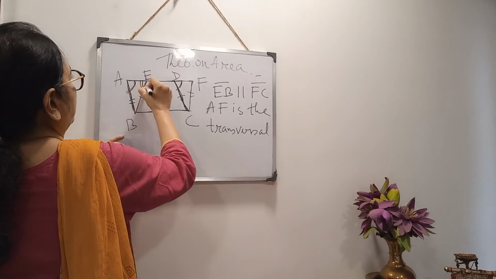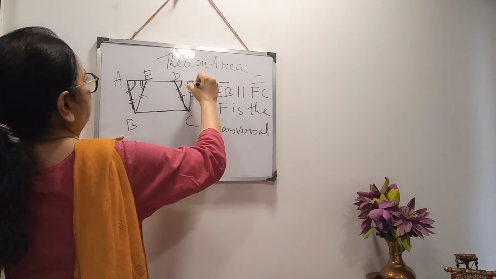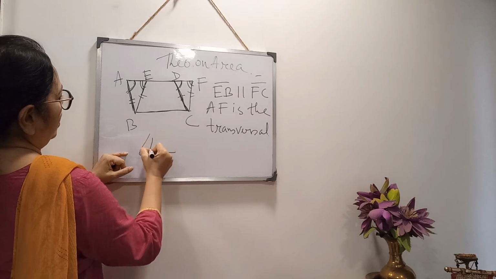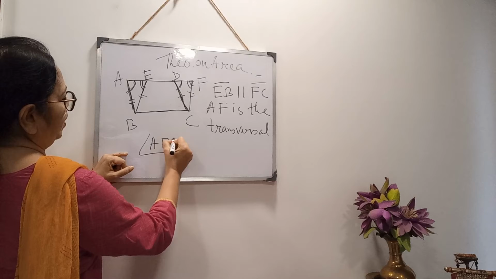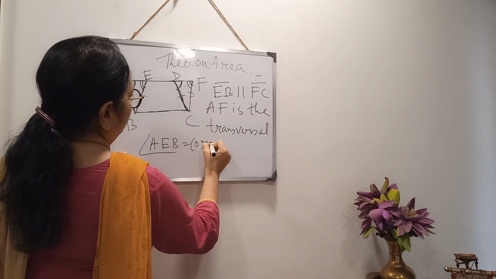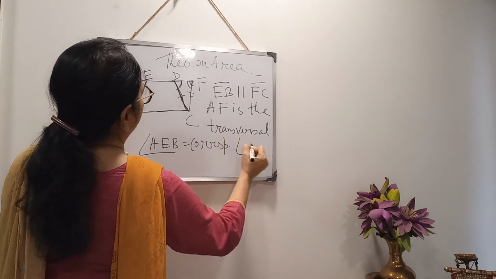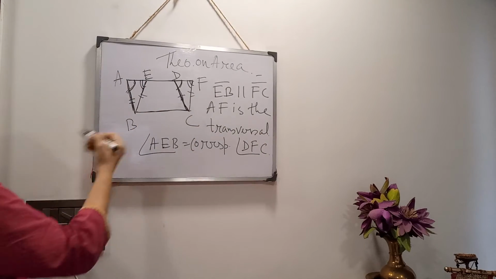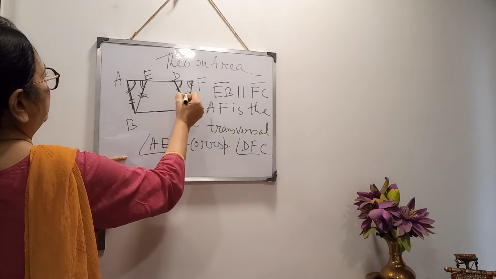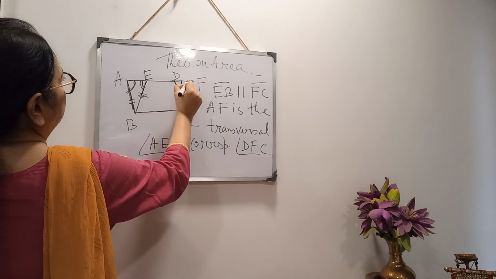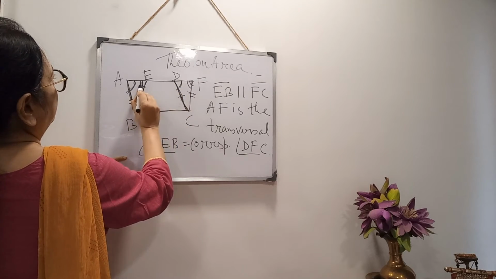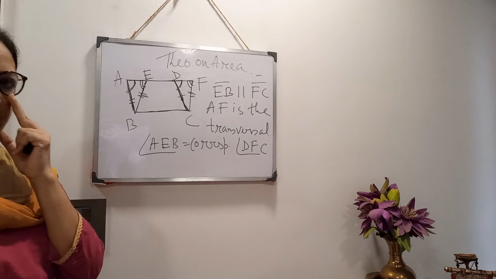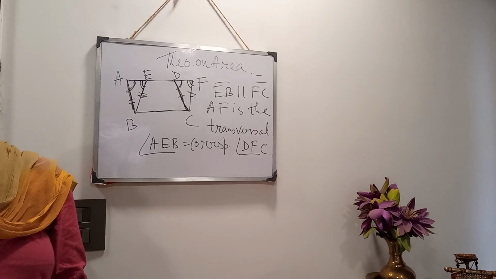AEB equals the corresponding angle DFC. This is parallel to this and this is the transversal. So these two angles are corresponding angles and they are equal. Clear? These two we have got.